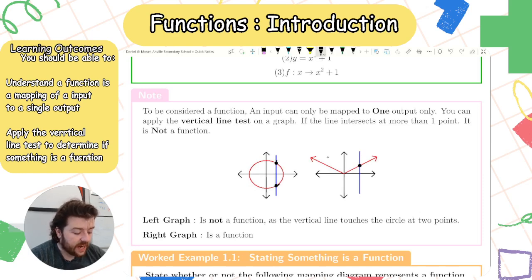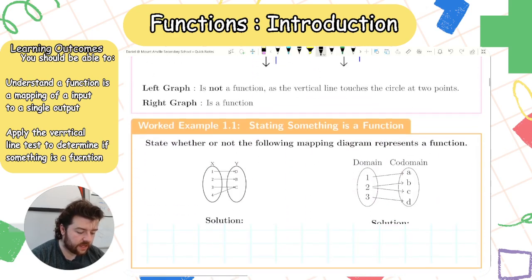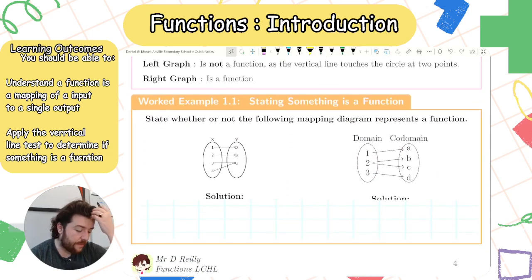While over here, this is a modulus function, which you'll learn about in leaving cert if you haven't already, and I can draw a vertical line anywhere and it will only ever hit one y value. So since my left one failed the vertical line test, it is not a function, but this one is a function. Easy peasy lemons.